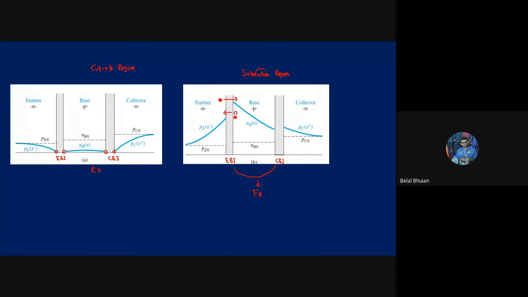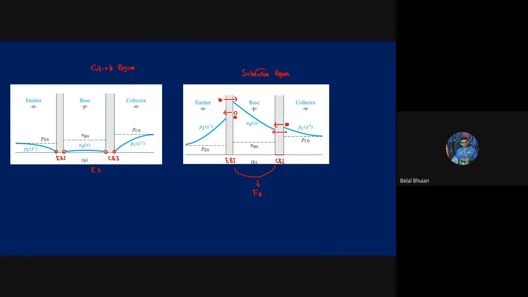Similarly, in the collector to base junction, since this is also forward biased, we're injecting electrons from collector to base. We are injecting holes similarly, something like that. But that part is all right.